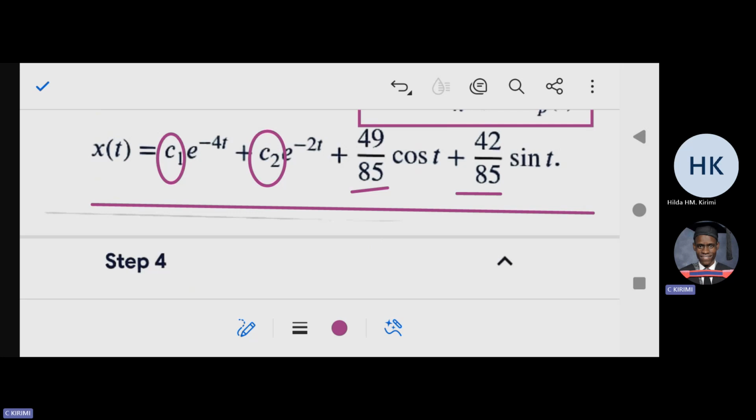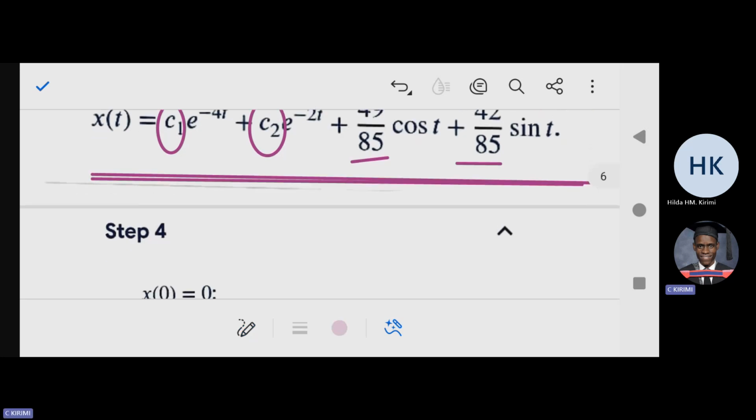If they say the acceleration is 0, you differentiate the whole expression twice and equate it to 0. You must get a 0. That's what they mean, so that's what we are going to do now.